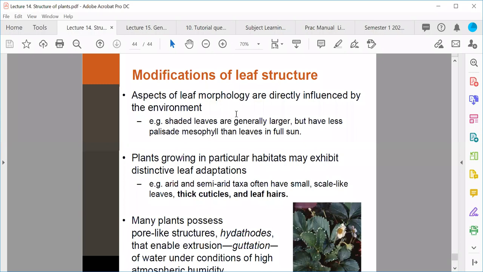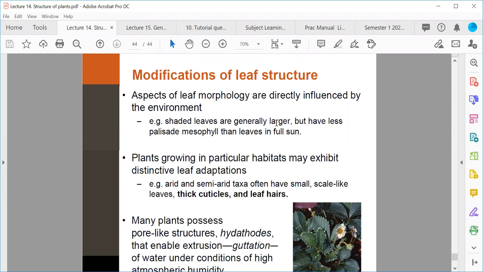And finally, some modifications of leaf structure. There are some aspects of leaf morphology that are influenced completely by the environment. So you'll all be familiar with the fact that shaded leaves tend to be larger than leaves that grow in full sun.